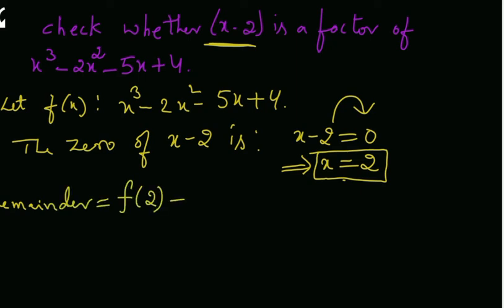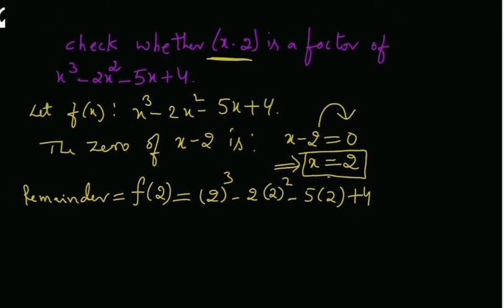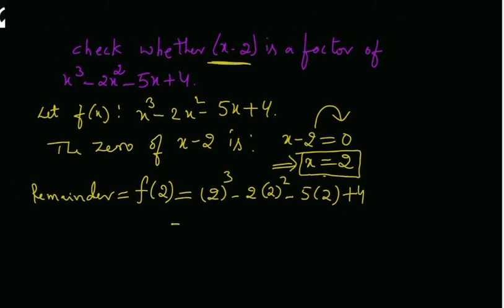So calculate the remainder, that is you have to get 2 cube minus 2 into 2 square minus 5 into 2 plus 4. So do the simplification. 2 cube is nothing but multiply 2 three times. So 2 2s are 4, 4 2s are 8.